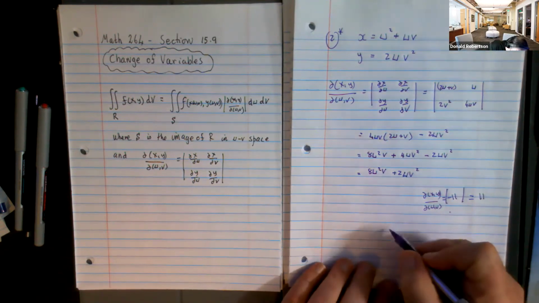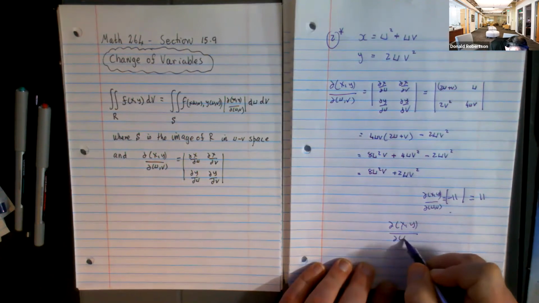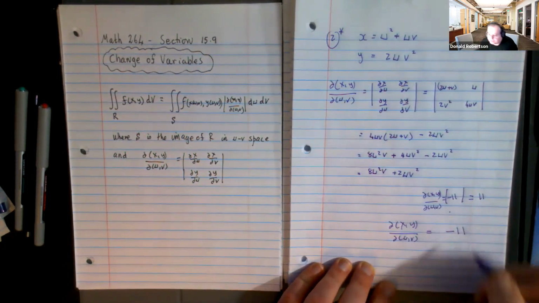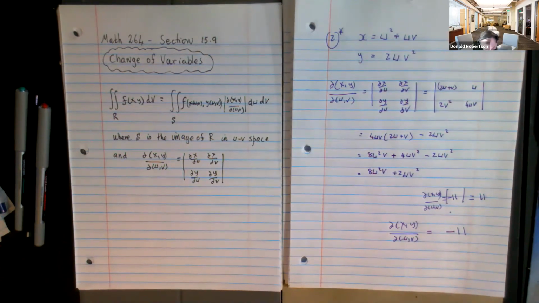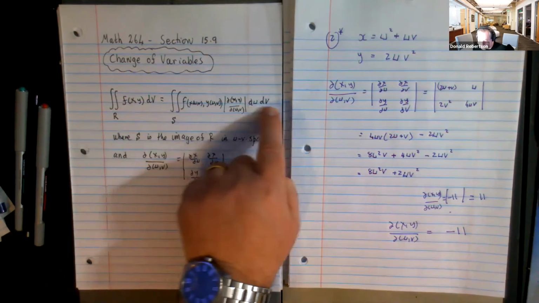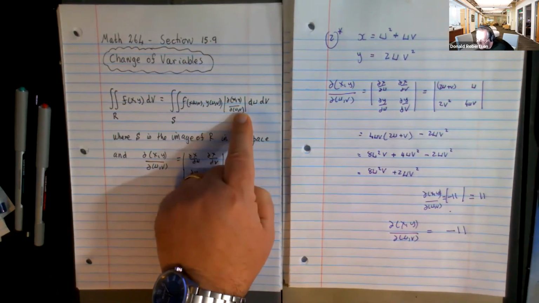But be careful about what you're being asked for. If you're only being asked for the Jacobian, the answer is still negative 11. If you're using it in a bigger question, in other words, to get an integral, remember to turn it into 11, right?